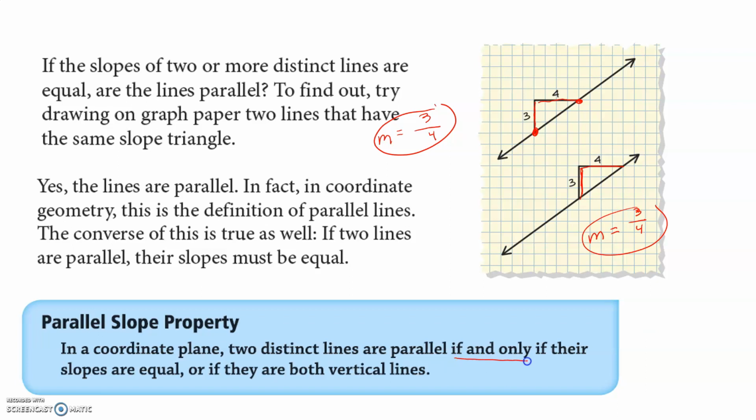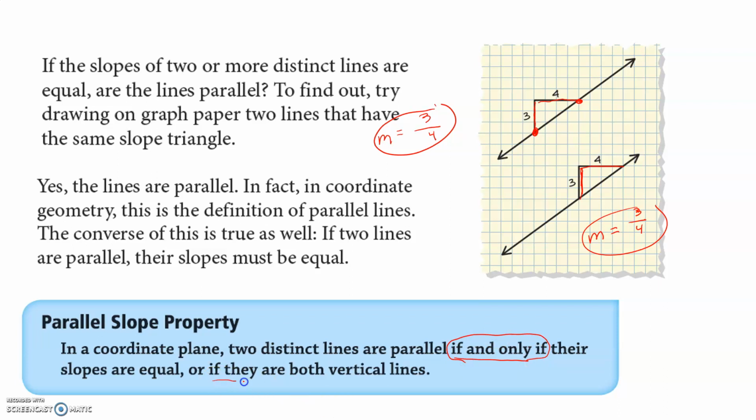Now, this if and only if means I can go either way. If lines are parallel, then their slopes are equal. And I can also say, if two lines have slopes that are equal, then the lines are parallel. So that's what the if and only if means. You can go backwards and forwards with this.